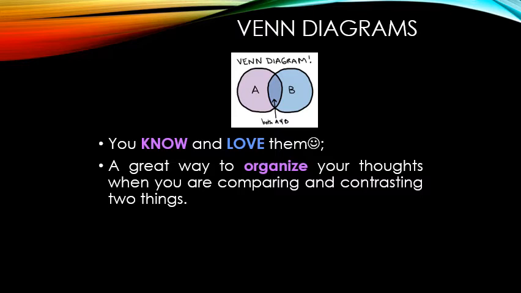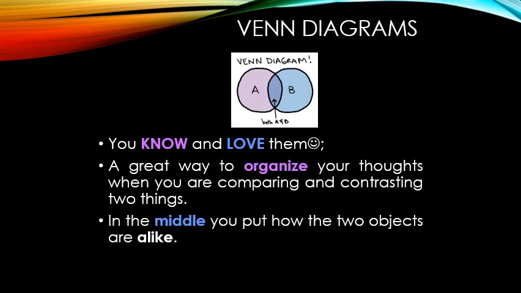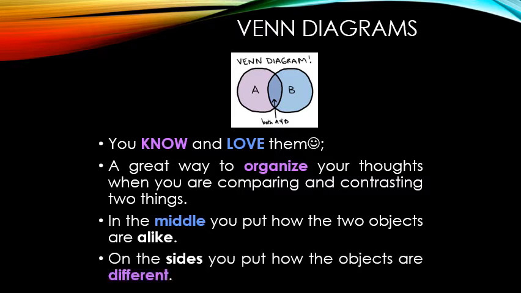In the middle, you put how the two objects are alike, the similarities. On the sides, you put how the objects are different.